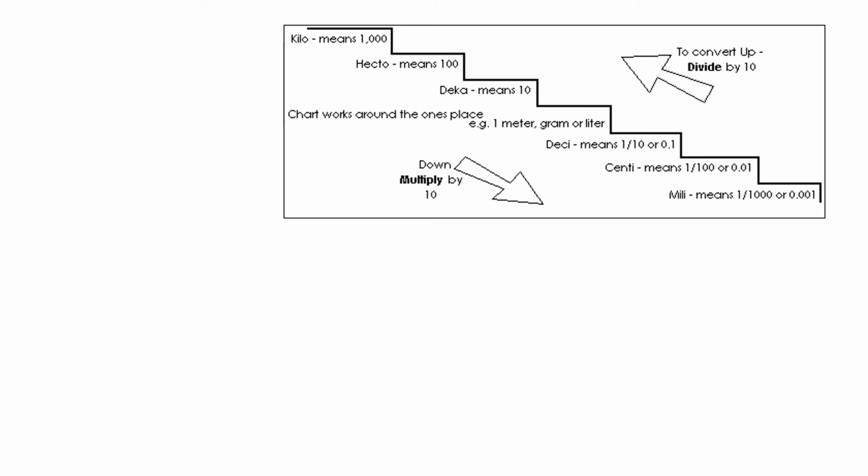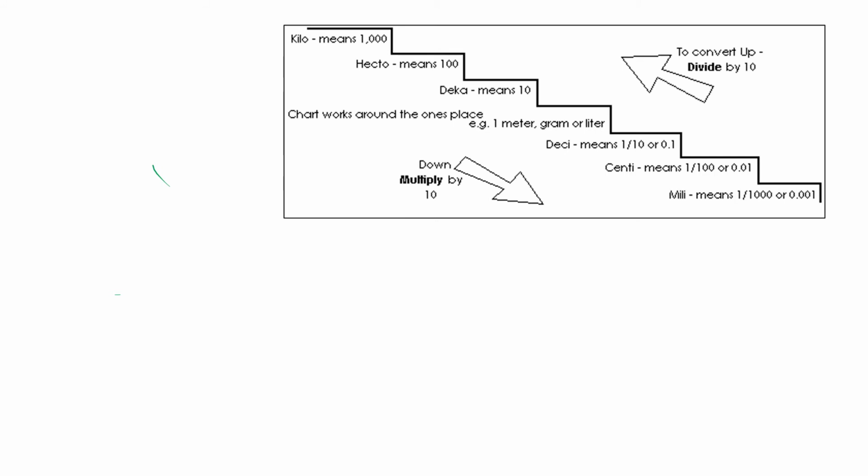One more example. Let's say you're going over to Beirut to help them after the gigantic explosion, and you have ordered a whole bunch of medication, and that medication comes written out in grams.